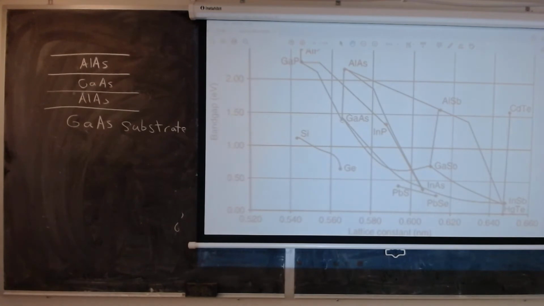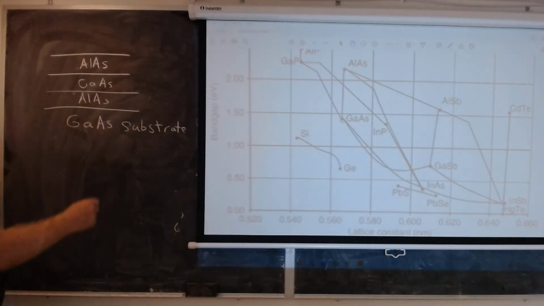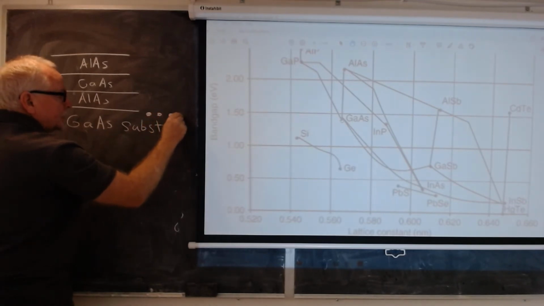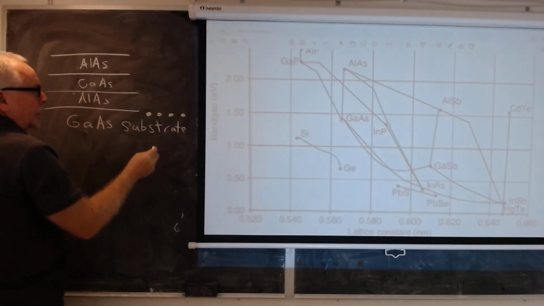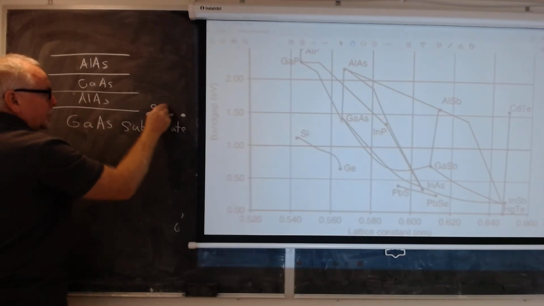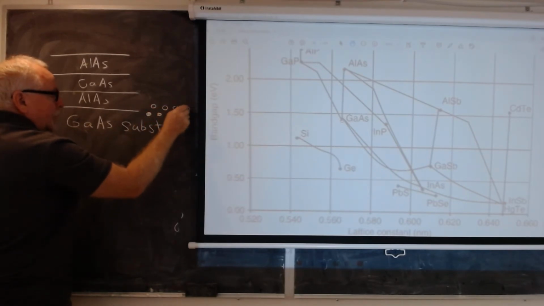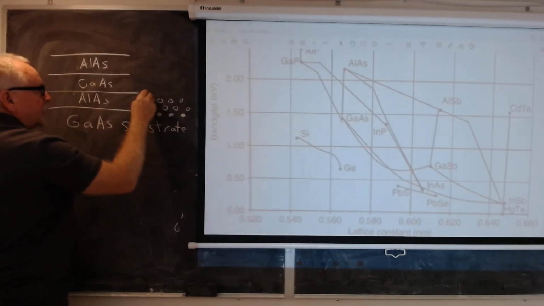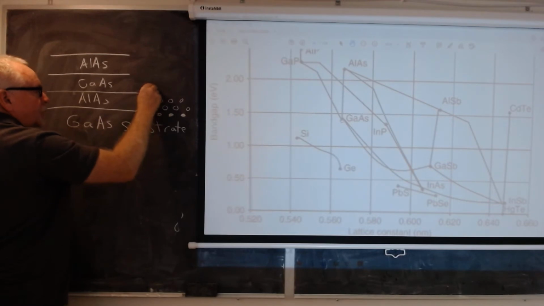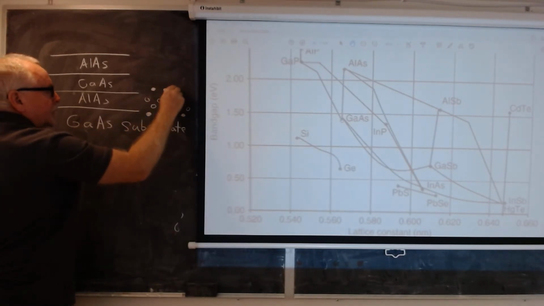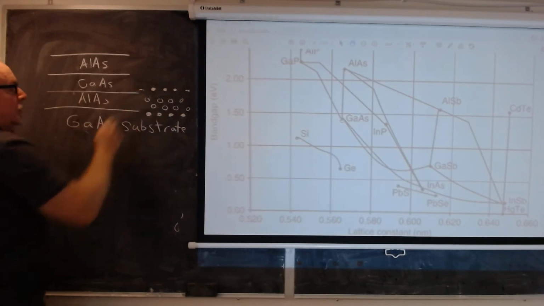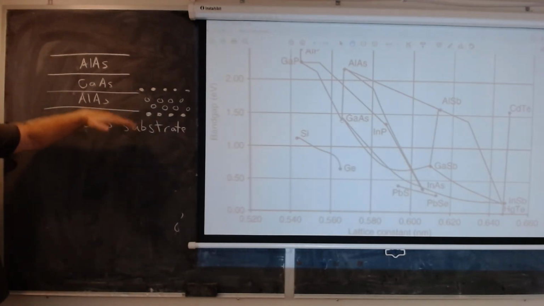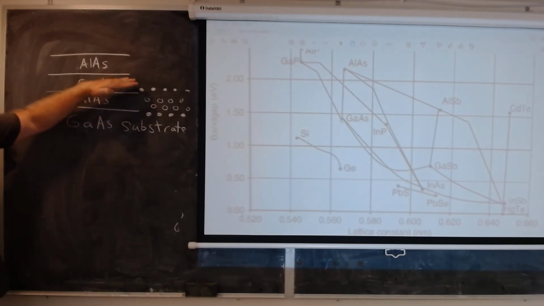So if you look at what's happening on a crystalline basis, here's the gallium arsenide on its lattice. Okay, and so the aluminum arsenide forms on the same lattice, etc. And then the gallium arsenide starts to form on the same lattice, etc. So you see, as you do epitaxy, it's the same crystal all the way through.